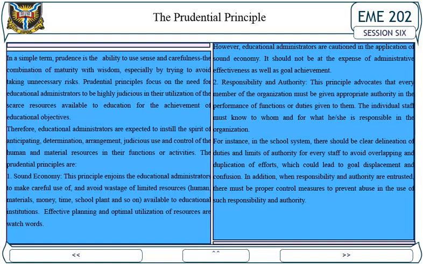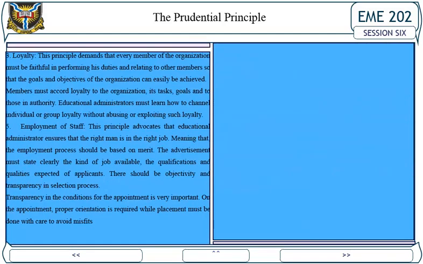Effective planning and optimal utilization of resources are watchwords. However, educational administrators are cautioned in the application of sound economy. It should not be at the expense of administrative effectiveness as well as goal achievement.